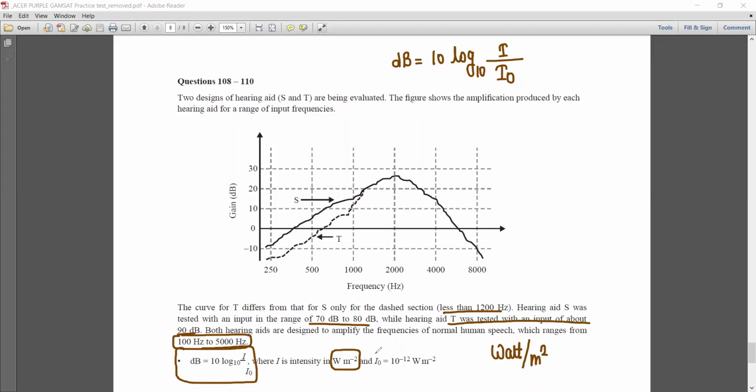And the value of I naught, which is known as the constant value of the intensity which we can hear easily, is 10 to the power minus 12 watt per meter square.